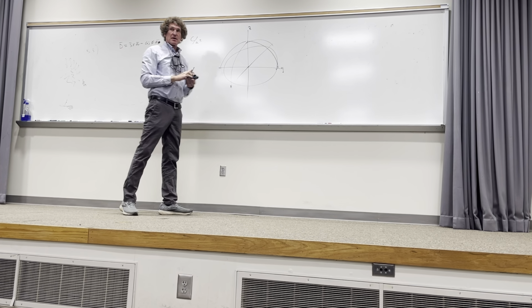And then when I integrate cosine phi, what do I get? Integral of a cosine, think about this. The derivative of a sine is cosine, right? The integral of a sine is minus cosine, right? Is that right?